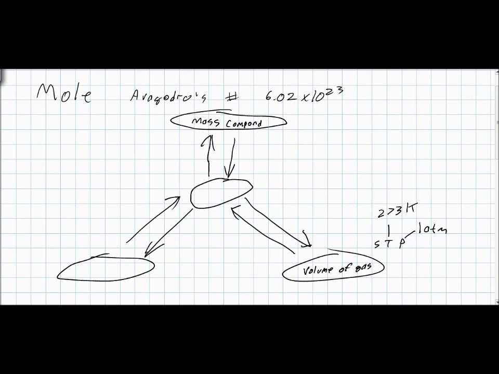And so, I'm also going to want to plan a trip for when I get done at the volume of gas. I want to get to the number of atoms. So, let's say that the volume of gas, this is in Texas. So, we have South Dakota, we have Texas, and over here, let's say I want to go to San Francisco, so we have California.